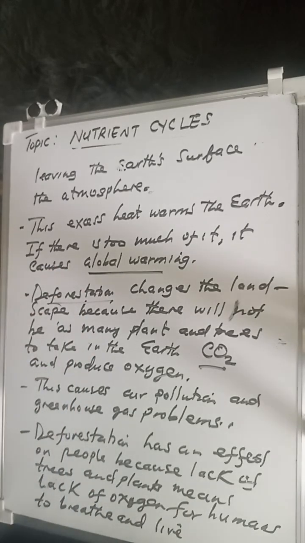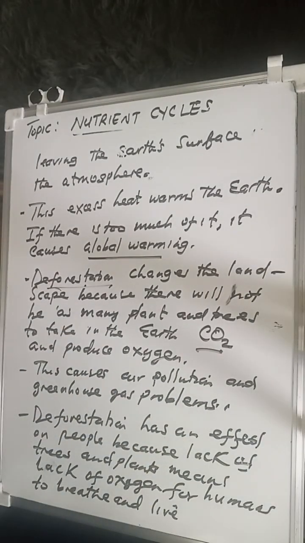So it does affect the carbon cycle, and that may lead to pollution and greenhouse gas problems. Deforestation also affects people, because a lack of trees means a lack of oxygen for us as human beings, and it will be a problem for us to live if we do not have enough oxygen.